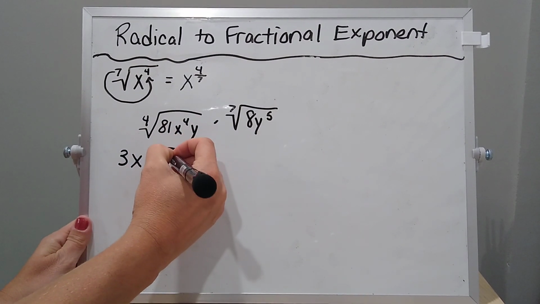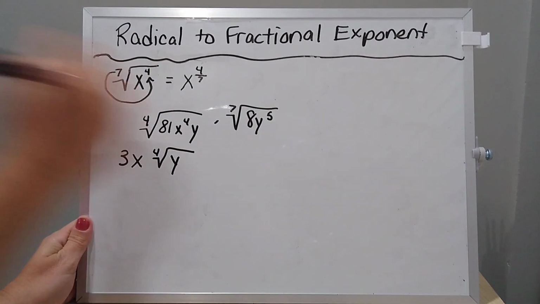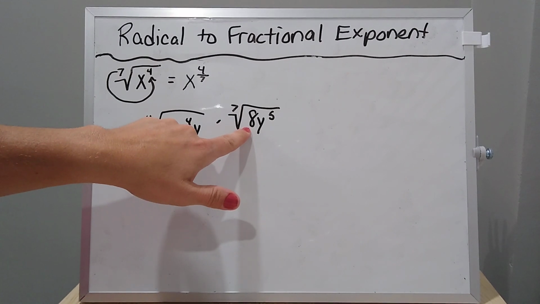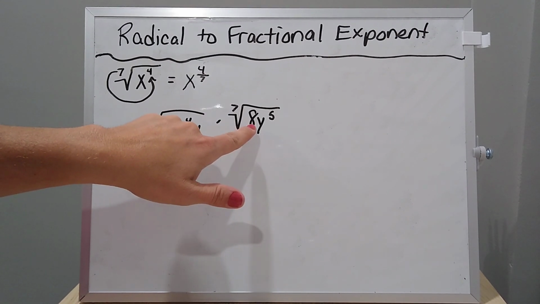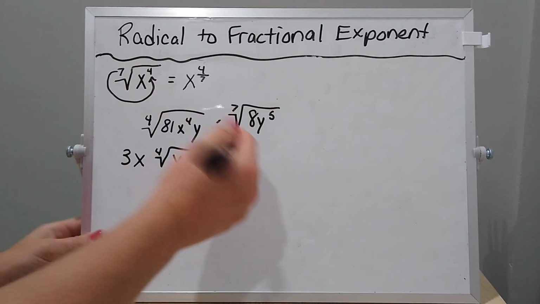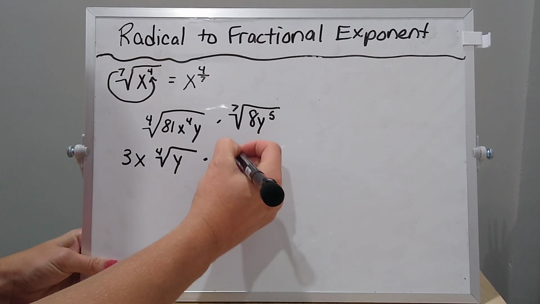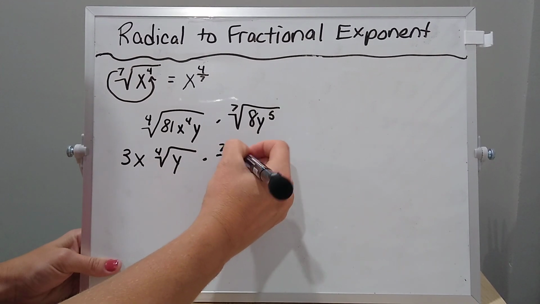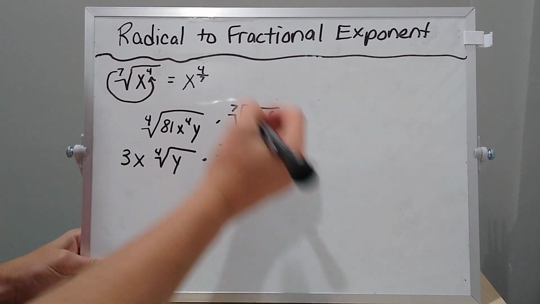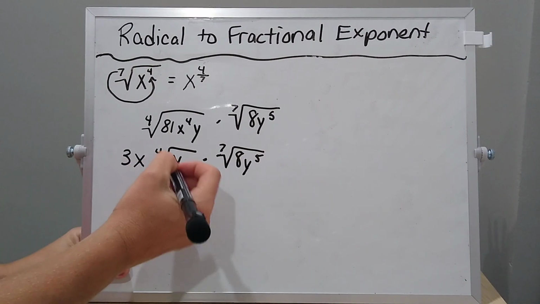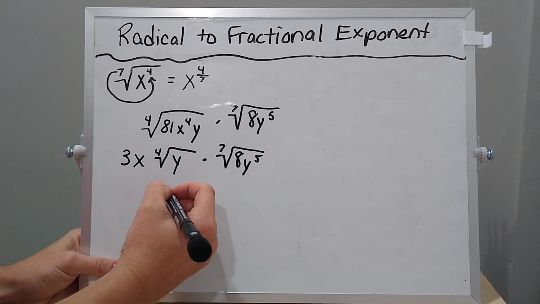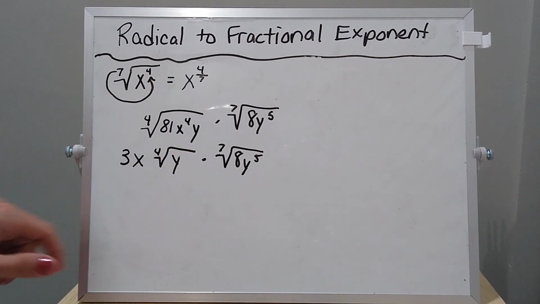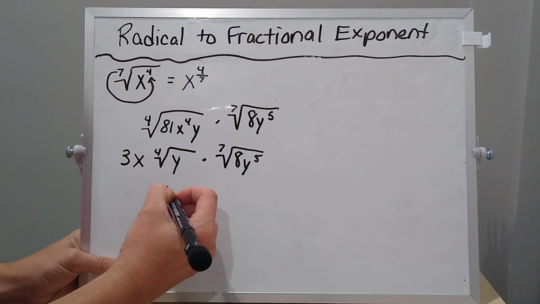So let me rewrite this radical with just y in there. And multiply it. Okay. I'm not going to have 7 factors that are the same multiplied to each other to give me 8. So that 8 is going to have to stay in there. And I don't have 7 y's, so that's going to have to stay in there also. Okay, so now let's change this to a fractional exponent. So remember, there's an understood 1 here as the power of the radicand.